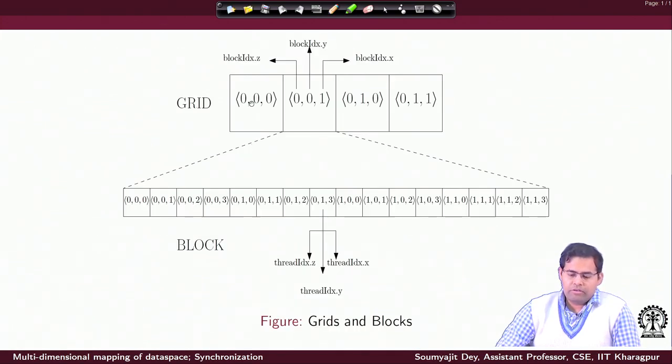Coming here, the way the indexes are arranged is just the opposite. At the very first position, the MSB, the most significant, and at the extreme right, the LSB, the least significant, I have the x dimension's encoding, which is increasing, and then the y dimension's encoding, and then the z dimension's encoding.